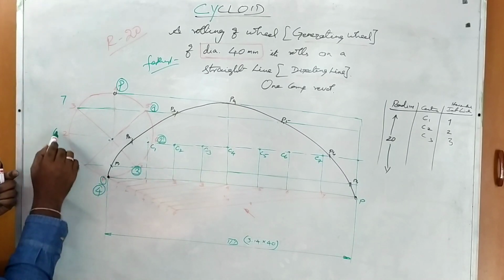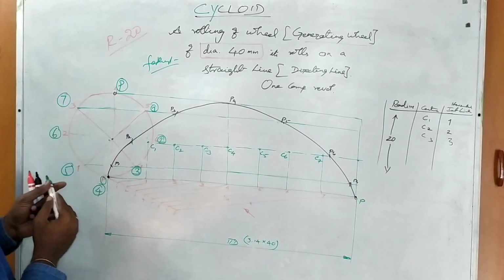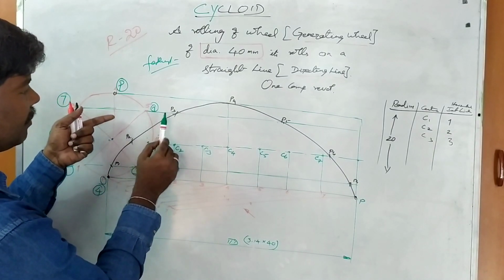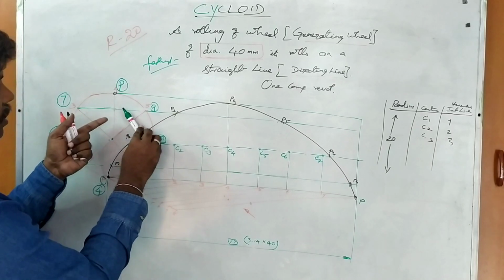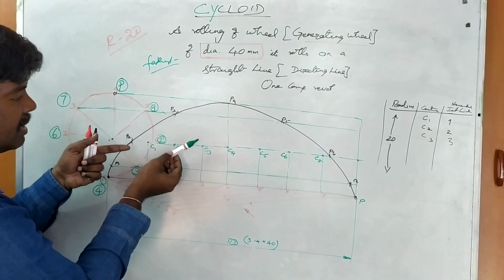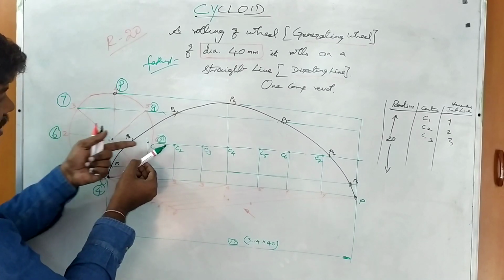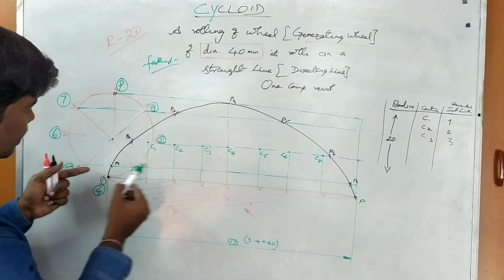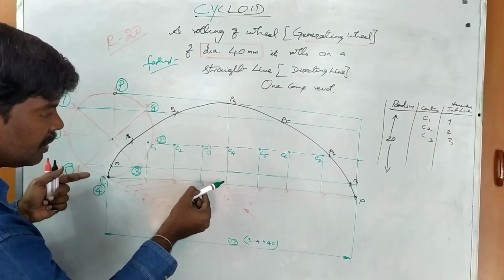For the farthest case, I put 1, 2, 3, 4 within the circle. Therefore, C1 as the center, intersect an arc on number 1. This side is cut, don't cut this side, that one. It is P1. C2 as the center, intersect an arc on number 2. Here. C3 as the center, intersect an arc on number 3.